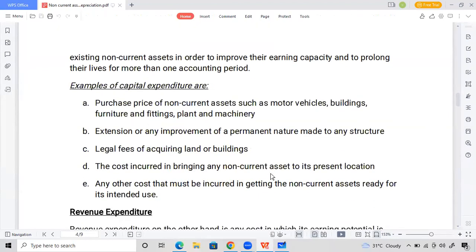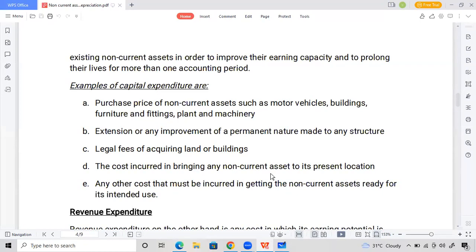Examples of capital expenditure: purchase price of non-current assets, such as the motor vehicle, building, furniture and fittings, plant and machinery.